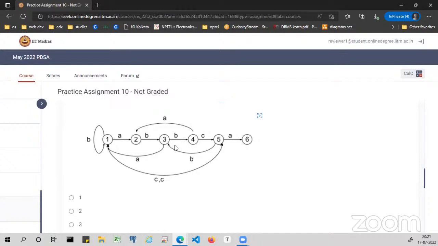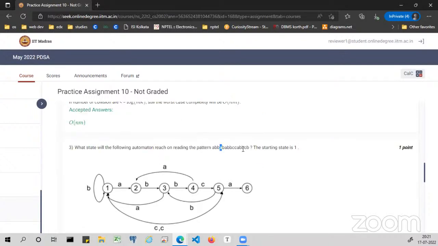Now, how can you design such an electronic circuit? You will simply design a sequential machine like this. Here it is given that A, B, B, B is the string, and you ask which state you go to. In this case I reverse the question. I have already decided the final state, and in terms of the electronic circuit, assume that final state generates the alert.